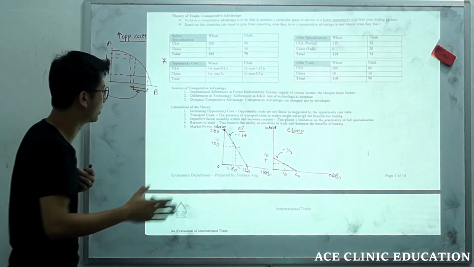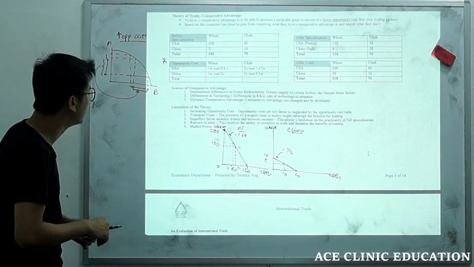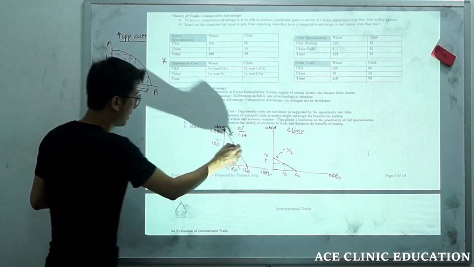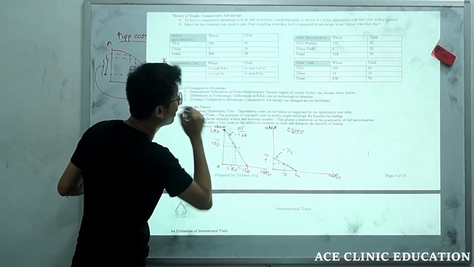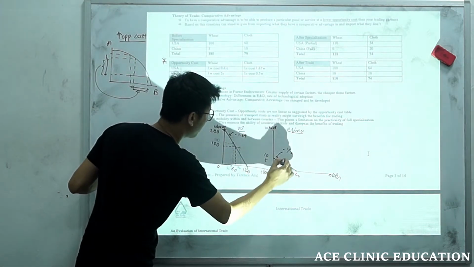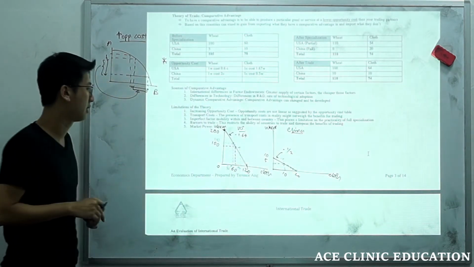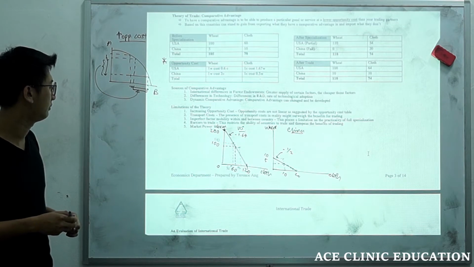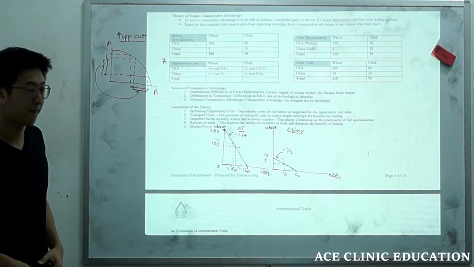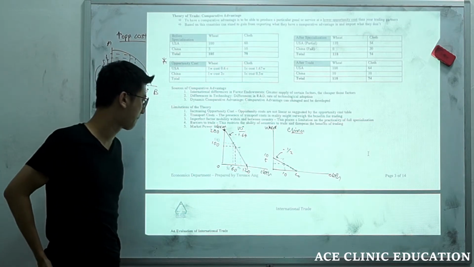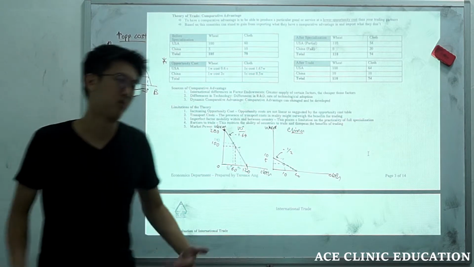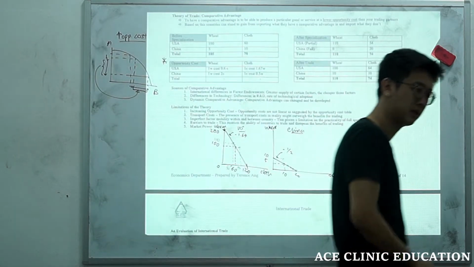Okay, it's not super to scale, but you get the idea. So there will be a point like that. And then for China, it will be 10 and 10. So they will be here. This is a simple graph reading, graph structure.